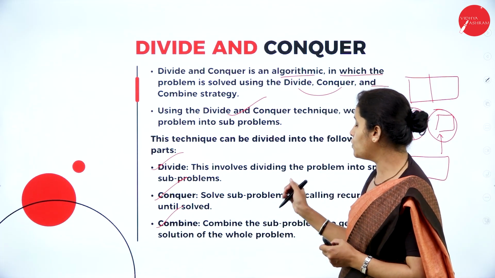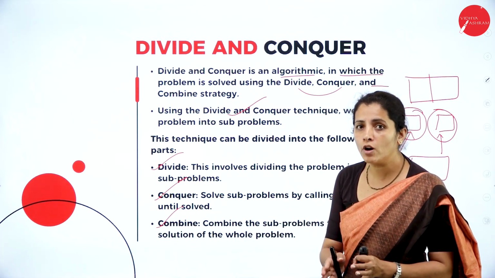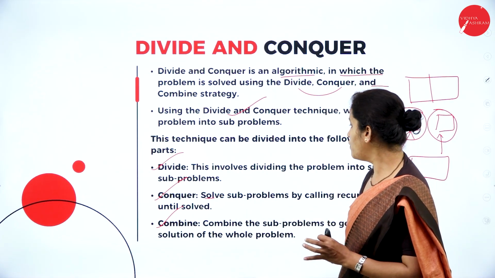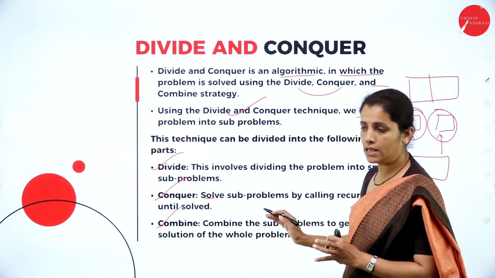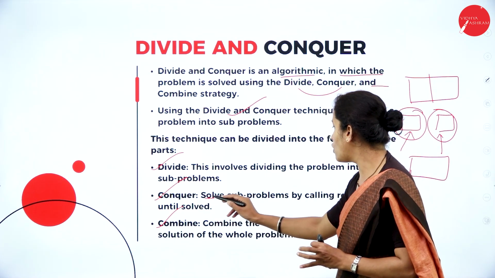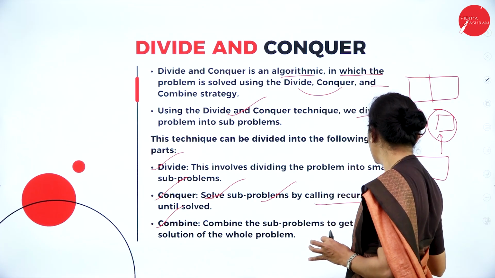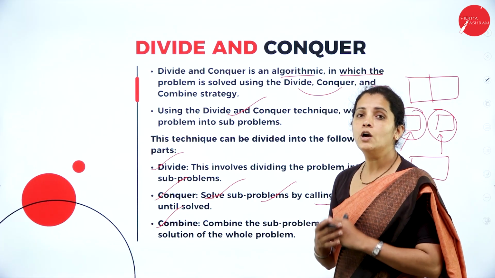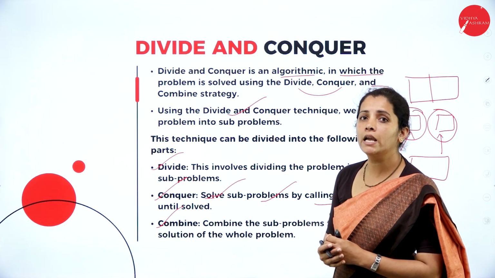So divide in the sense what? Dividing the problem into smaller slices, then finding the solution for each individual slice. Conquer: solve the sub-problem by calling a recursive method. Recursive method in the sense what? Calling the same method again and again.